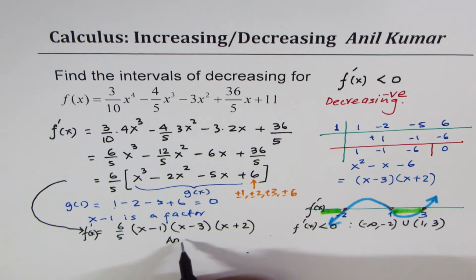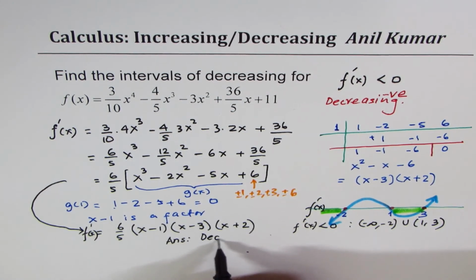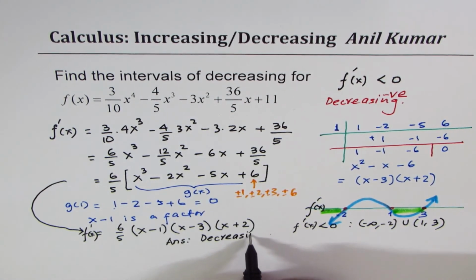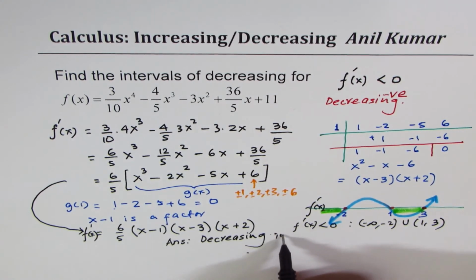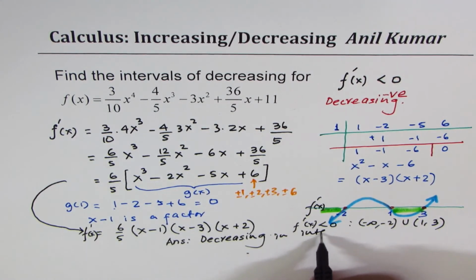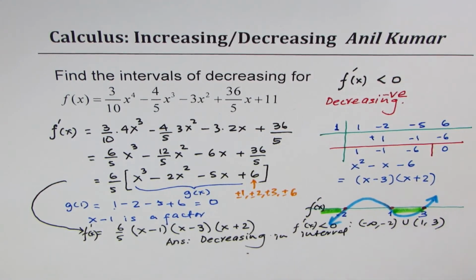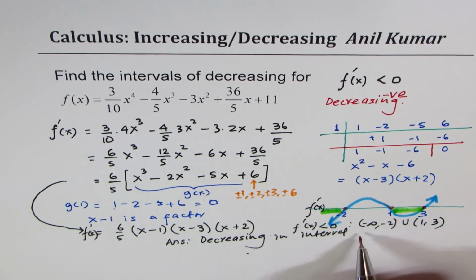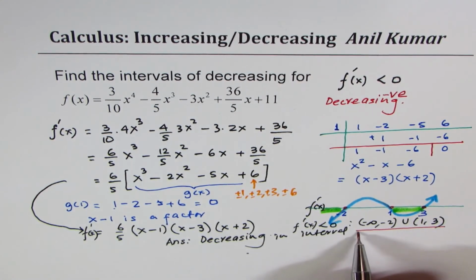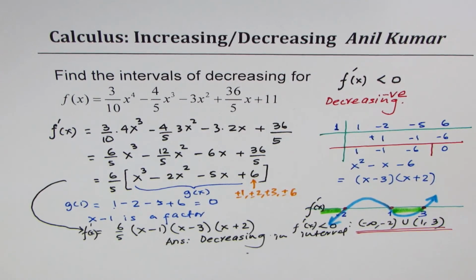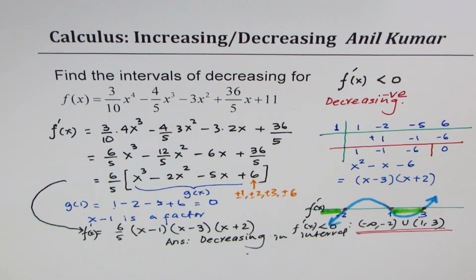So we can write down our answer as decreasing in the interval as written here. Correct? So that is the solution for the given question. I hope the steps are very clear. Try to go through it once again and understand the process.